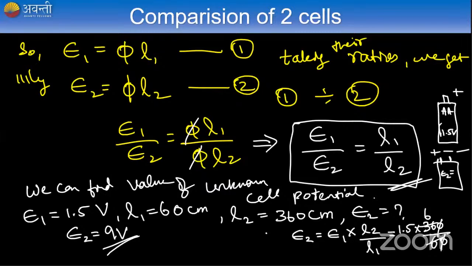Why are we going to use this method when we have a voltmeter? We can connect a voltmeter to the battery and we'll get the exact value. Why should we need this? I'm expecting that question.